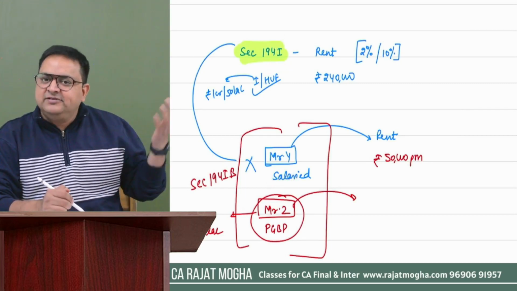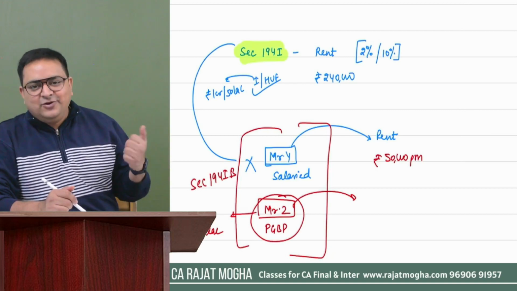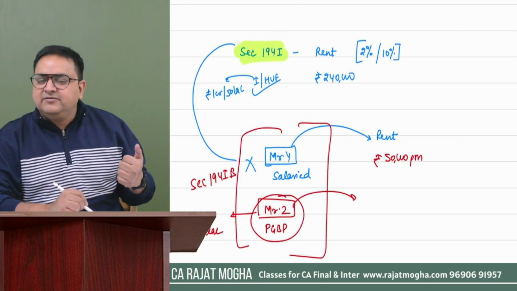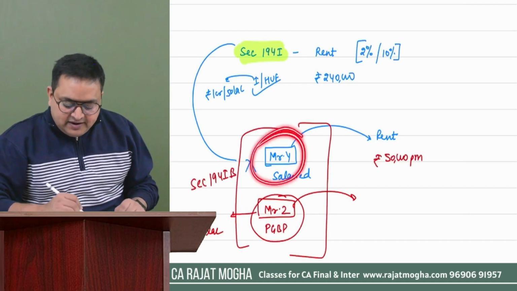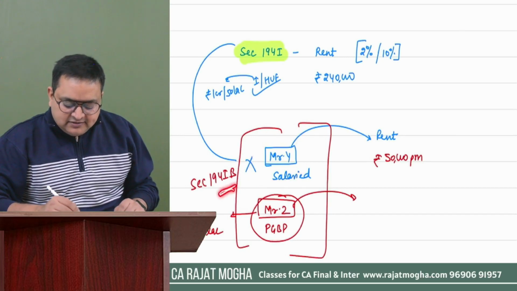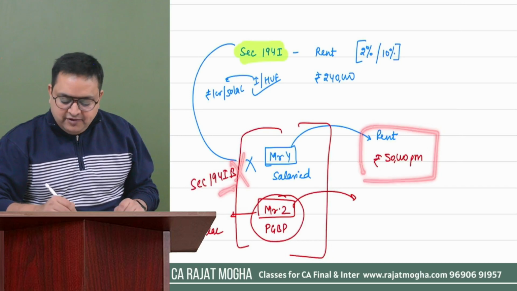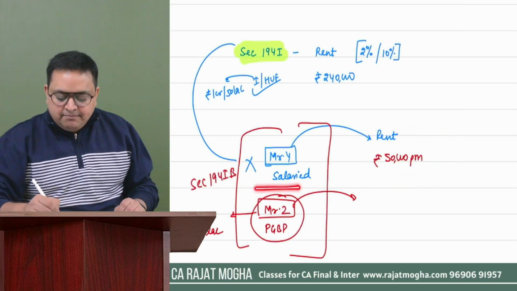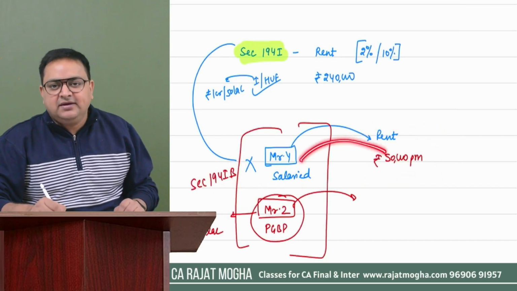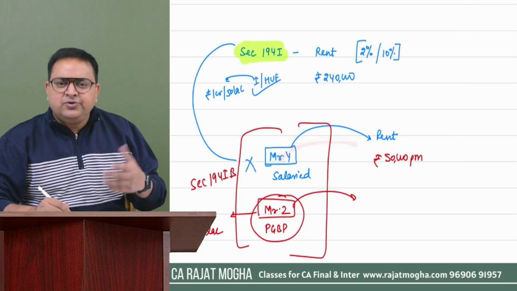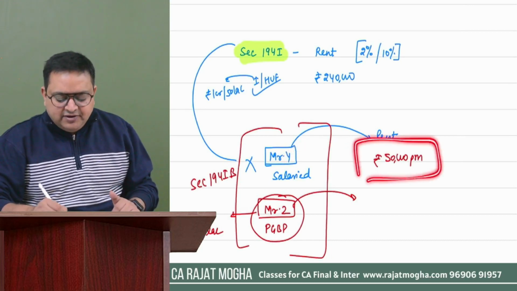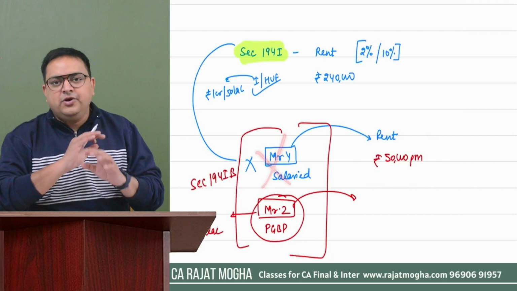How can he come? Because for an individual or HUF, the last year turnover we will see. He will not come under section 194I. Whether he can come under section 194IB, the answer is no. Why not? Because although we will not see the turnover of this person, we will see the rent which he is paying. So if he is paying 20,000, 25,000, 30,000, which is not more than 50,000 rupees, then he will not deduct any TDS.